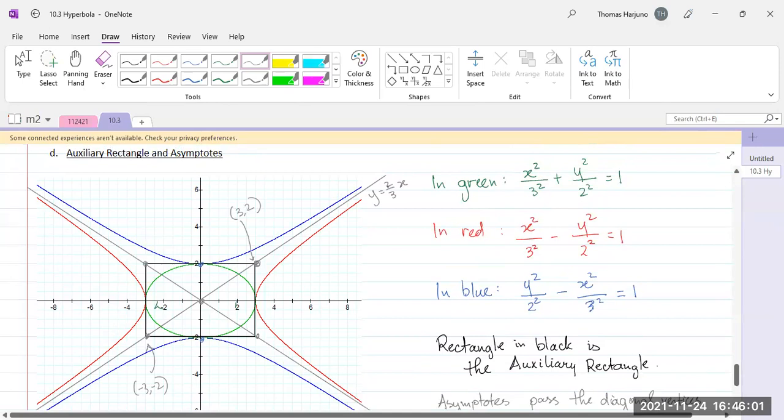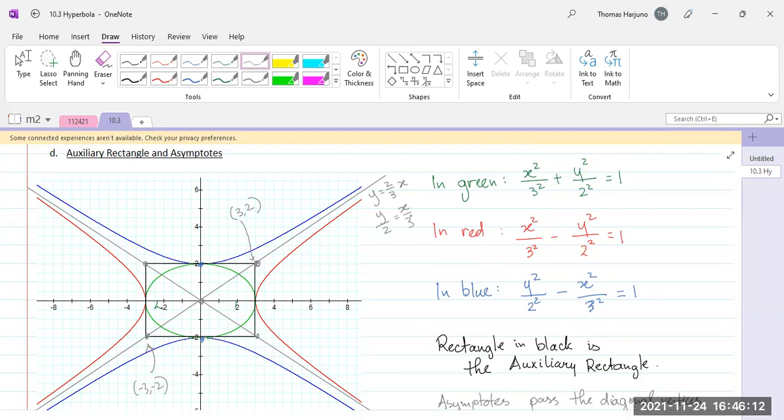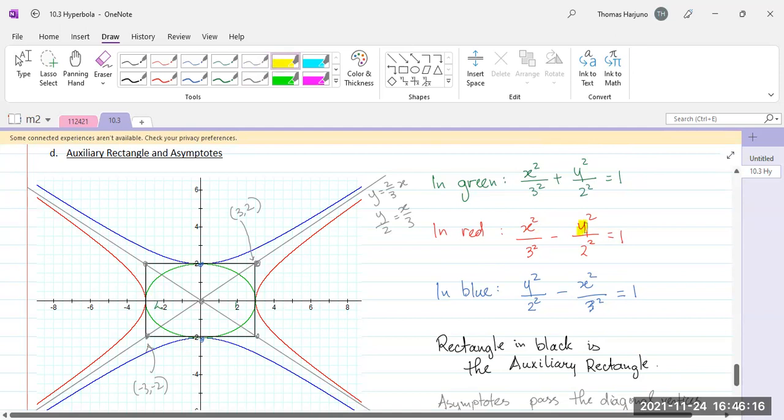Or if I write it in a strange way, that's y over 2 equals x over 3. How about that? Do you see that pattern?